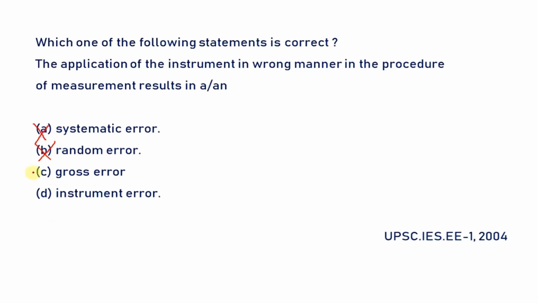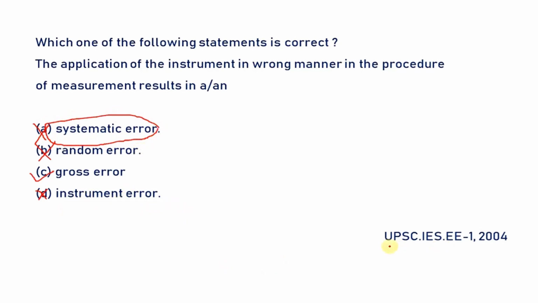Now come to the gross error. We know that gross error means the error committed by human beings while measuring some value using the measurement system. So this will be the answer. Also, instrument error comes under systematic error, so this will not be the answer.